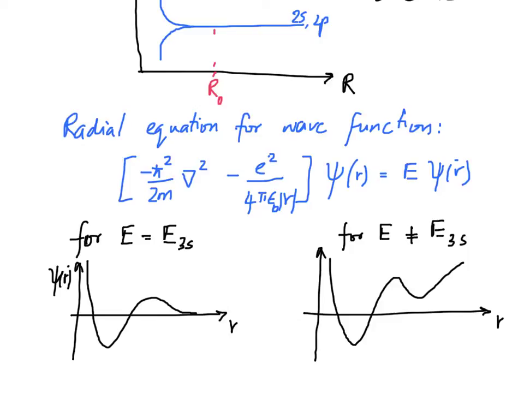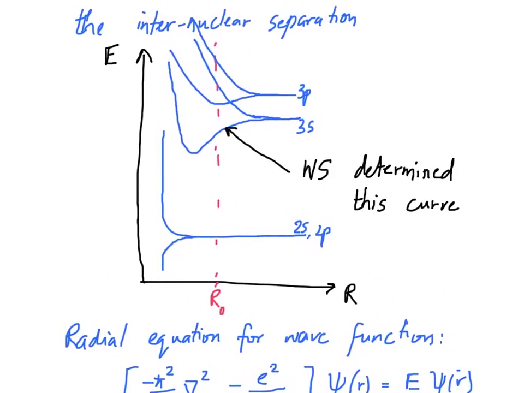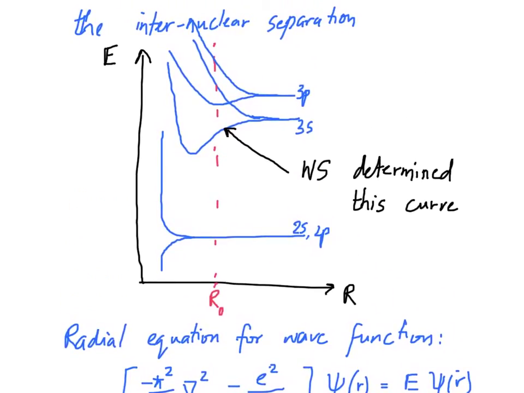Now why is all this important? In order to see that, let us go back to this picture over here. Bear in mind that the goal of Wigner and Seitz was to map out this line. Right? That's really what they wanted to do.